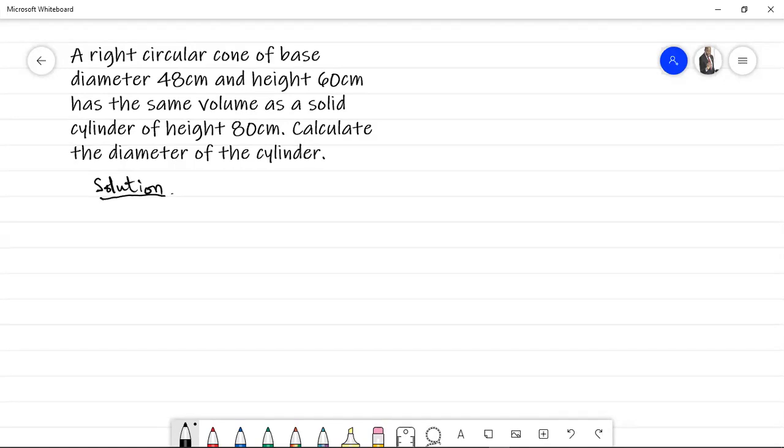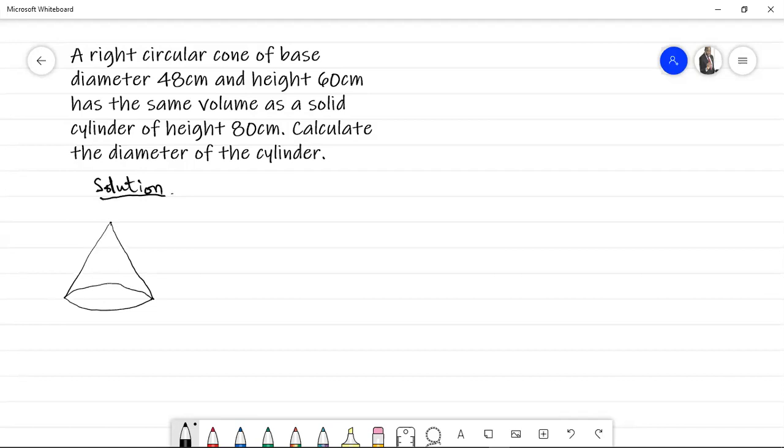So we see here that we have two different solid shapes having the same volume. The first one is the right circular cone. So I can quickly draw out a replica of the cone.